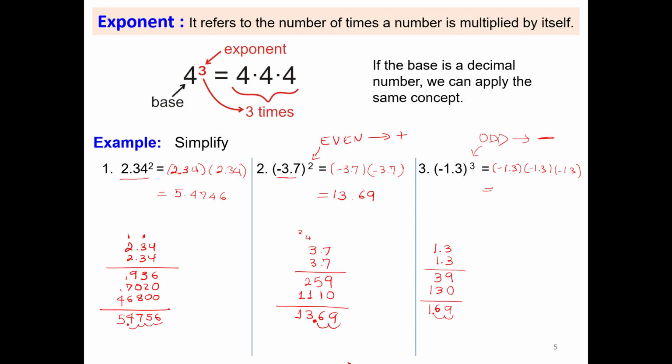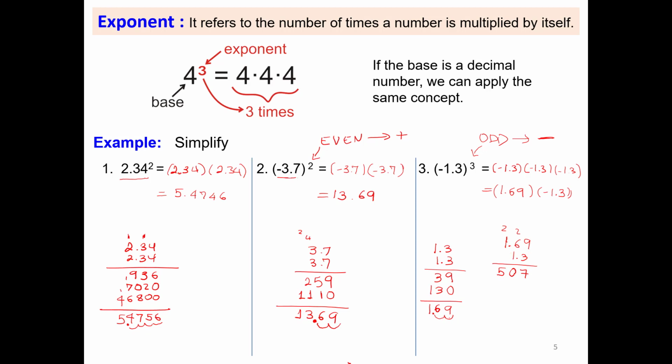And now we can write this one. This is like 1.69 times negative 1.3. Now we need to solve this product. 1.69 times 1.3. And let's multiply these two numbers. 3 times 9 is 27. 3 times 6 is 18 plus 2 is 20. 3 times 1 is 3 plus 2 is 5.